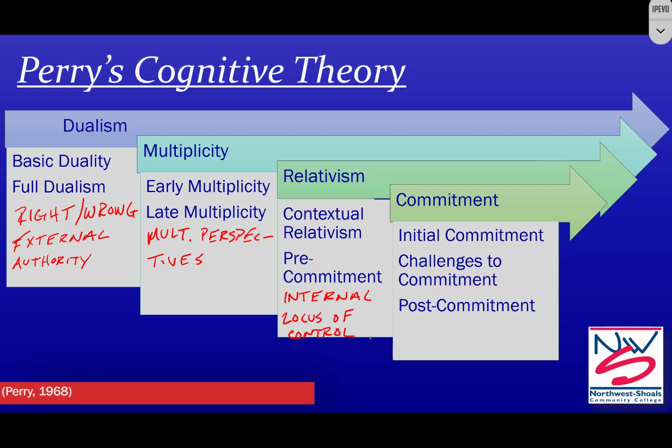One of the biggest takeaways that I take away from Perry's theory is this idea that you begin to develop these new ways of knowing and new ways of making meaning of the world, and you begin to see that things are relative, and you begin to see that there are multiple perspectives, and you meet people from other cultures, and kind of expand your horizons a bit.